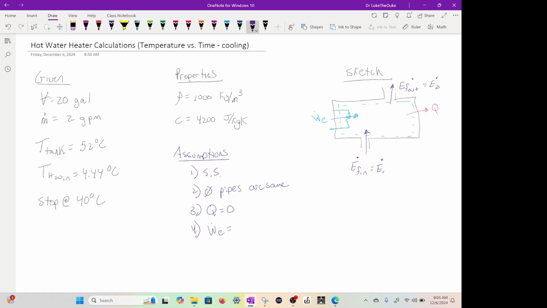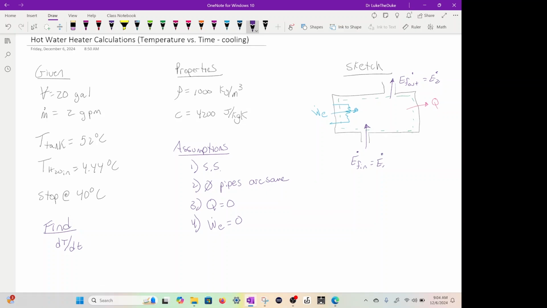And we're going to assume that the power's out, so there's no electric in. We're going to find basically a differential equation that I want you to solve numerically to find the temperature as a function of time.